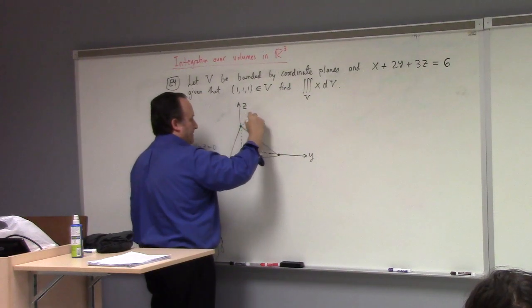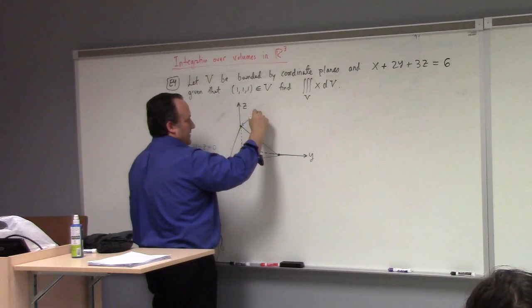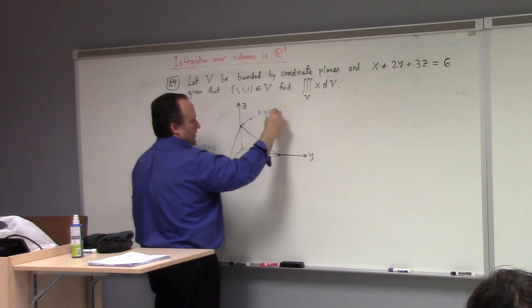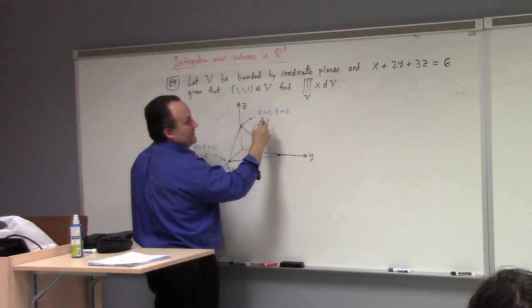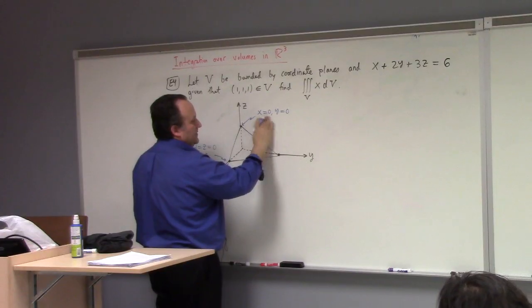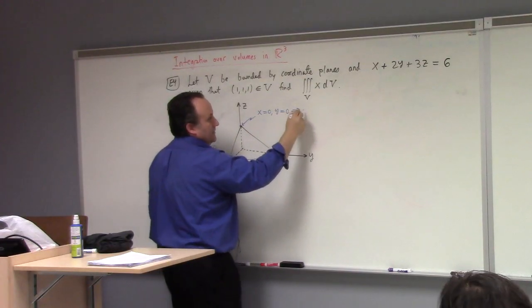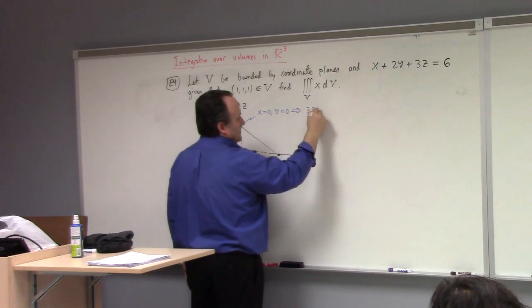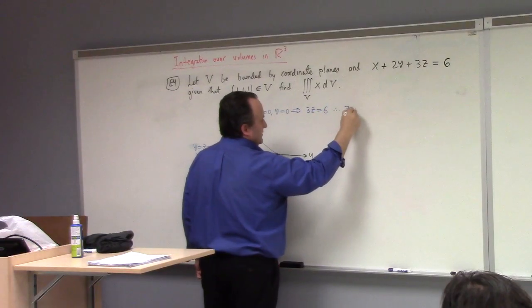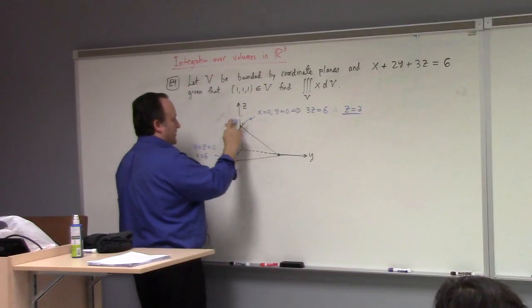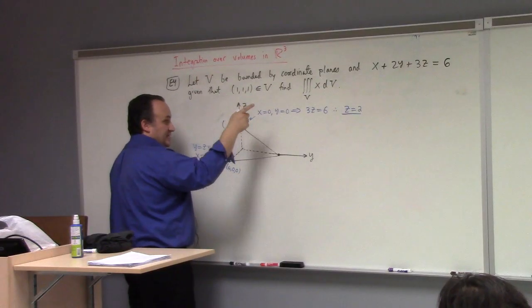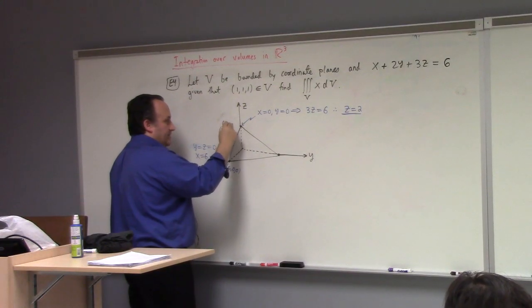There we have x equals 0, y equals 0, so 3z is equal to 6, therefore z is equal to 2. It's important for us to understand where that 2 comes from. It's because of the plane equation. So very good. You're right.